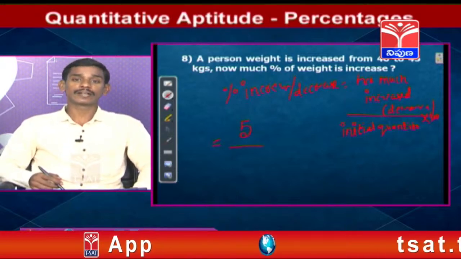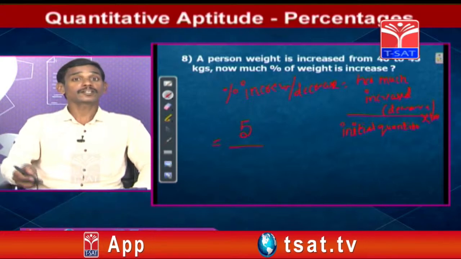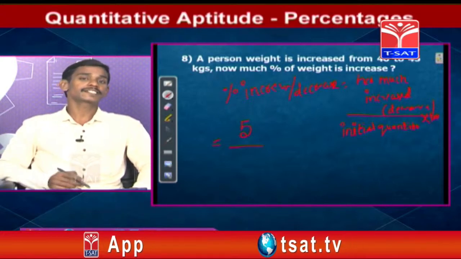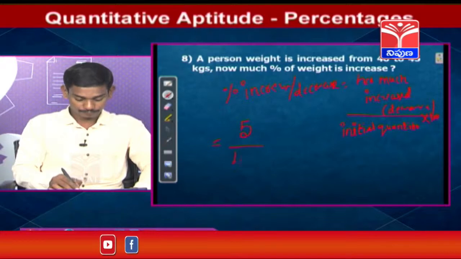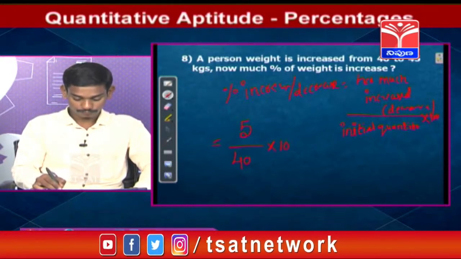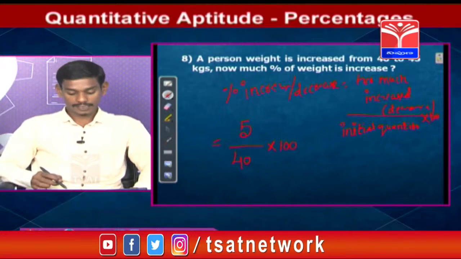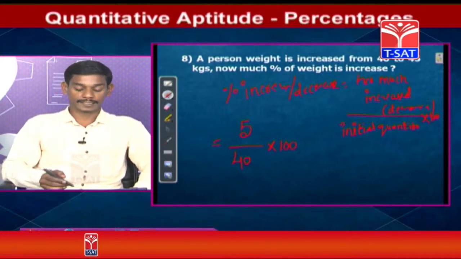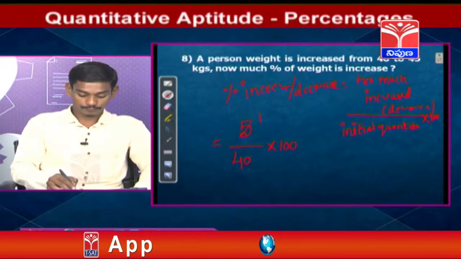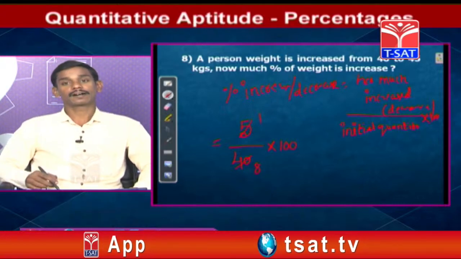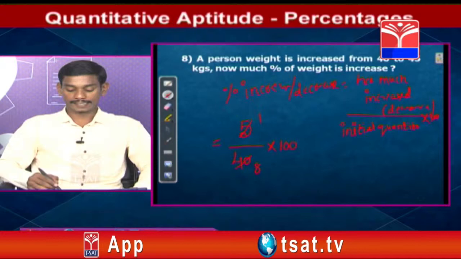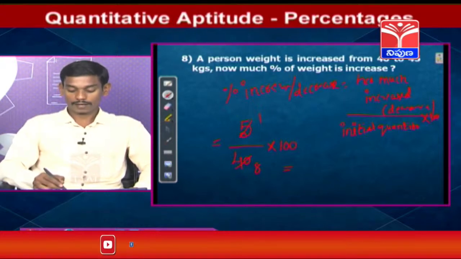What is the initial value here? From 40 to 45 kgs means initial value is 40, into 100. See here, this calculation is important. 5 1 ja 5, 8 ja. So 100 by 8 is there. So 100 by 8.